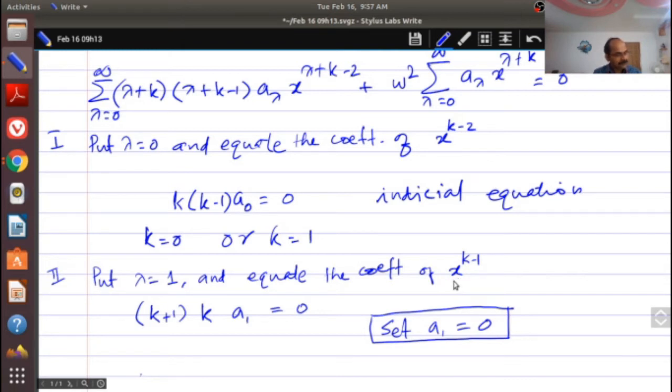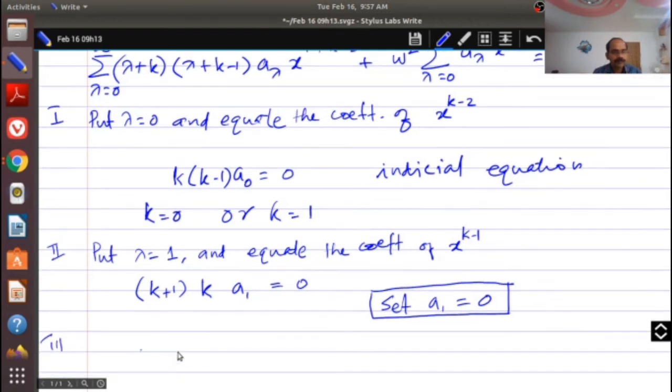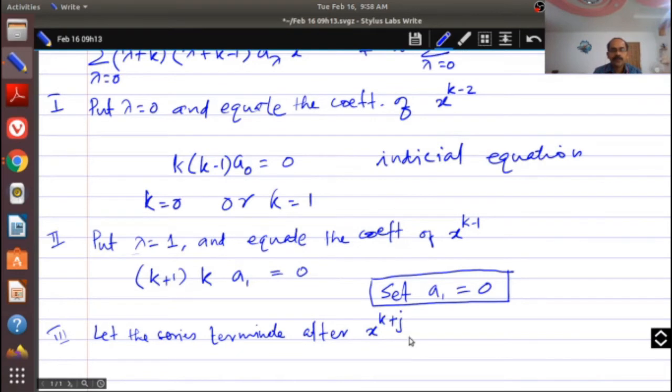So let's assume that the series terminates for a particular power, say x raised to k plus j, some value j, meaning the coefficient of x raised to k plus j is 0.